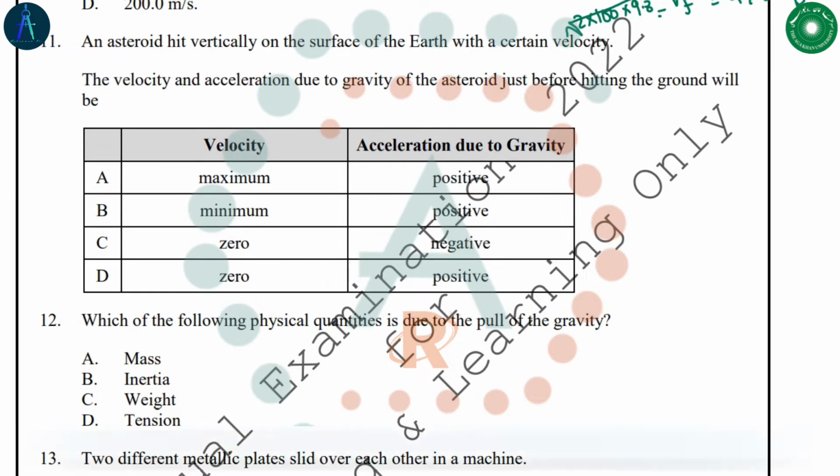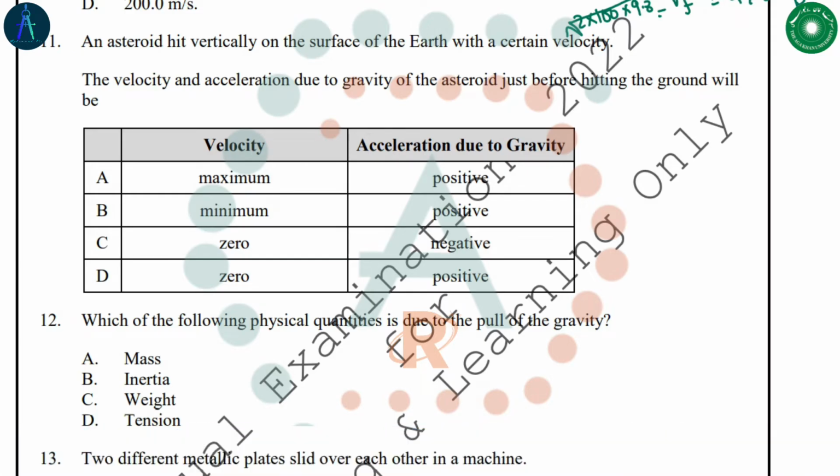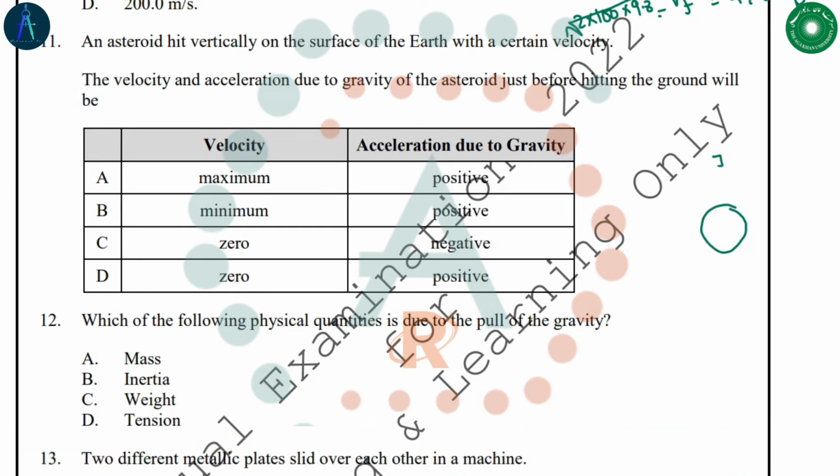Let's come to question number 11. An asteroid hits vertically on the surface of the Earth with a certain velocity. The velocity and acceleration due to gravity of the asteroid just before hitting the ground will be. So we know that whenever the object is falling, as we can see, the asteroid hits vertically on the surface of Earth. Let's say this is the Earth and this is the asteroid that is falling towards the Earth.